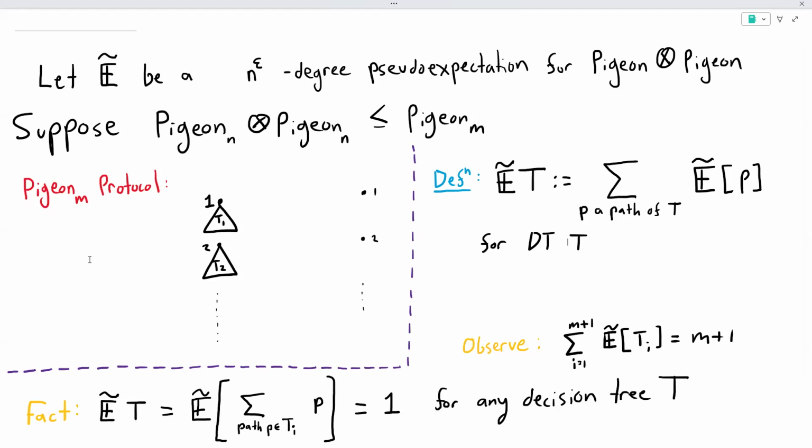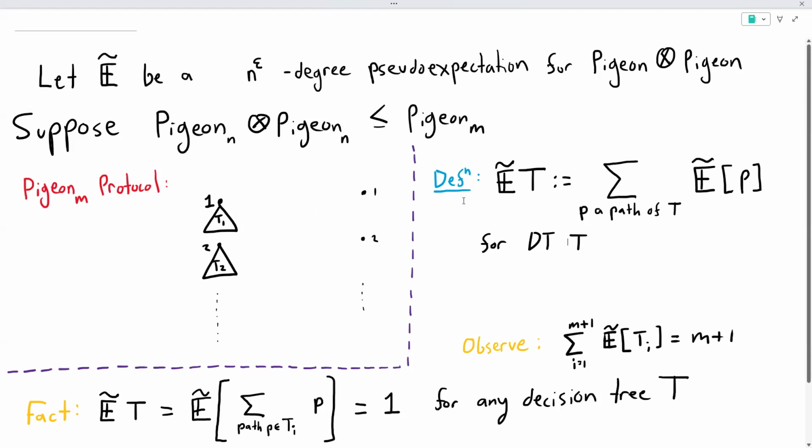Okay, so that means in particular, there's some pigeon protocol for pigeon squared where pigeons 1 through m plus 1 all have polylogarithmic depth decision trees querying variables from pigeon squared. And these decision trees tell where the pigeons of pigeon m should fly, for holes from 1 to m.